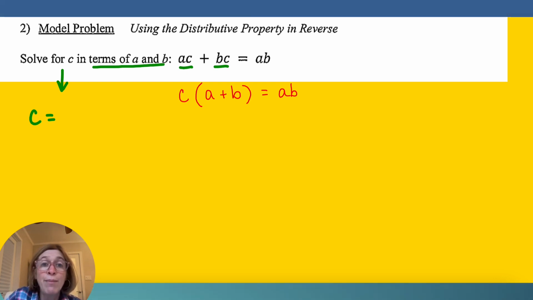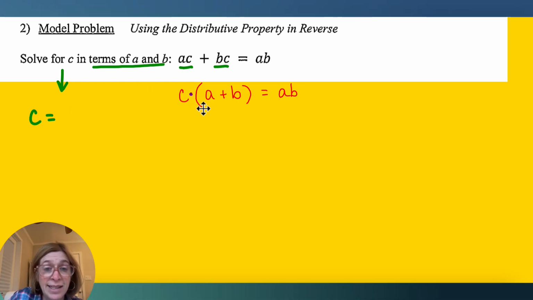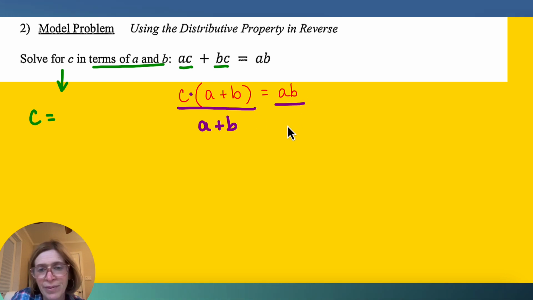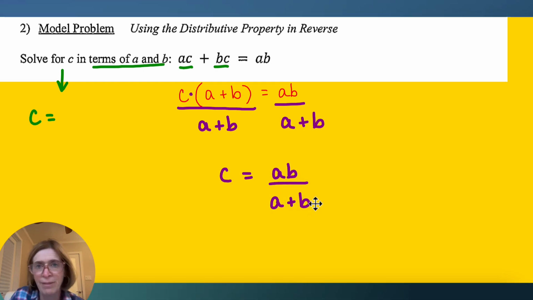Now, remember, the goal was to get C alone, so I'm trying to isolate C, and C is being multiplied by A plus B, so now I can divide both sides by A plus B. So C is equal to AB all over A plus B.